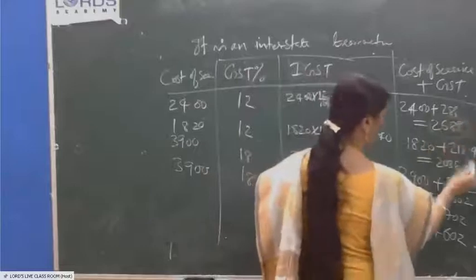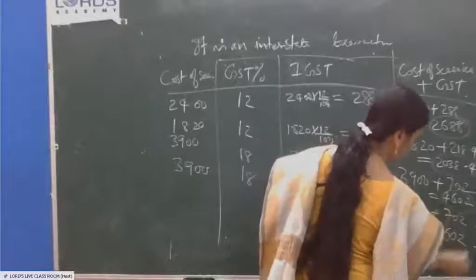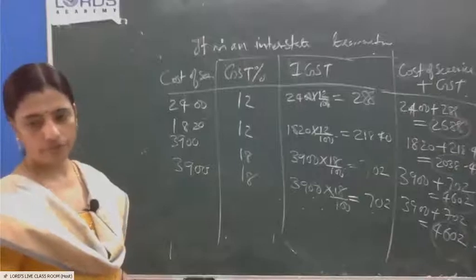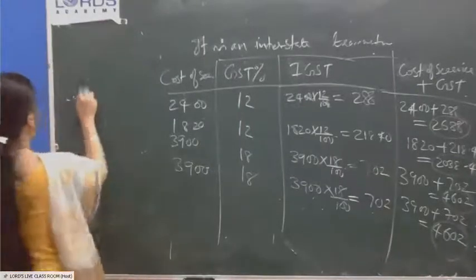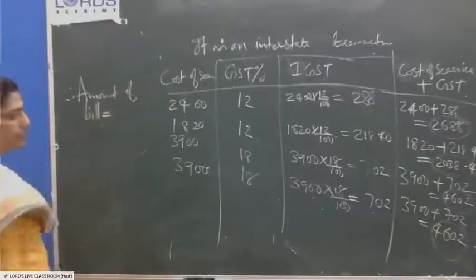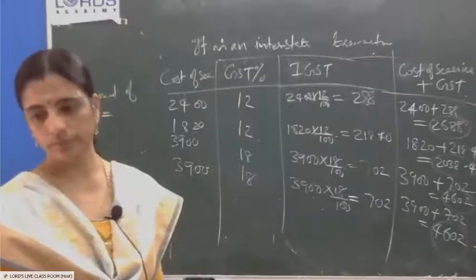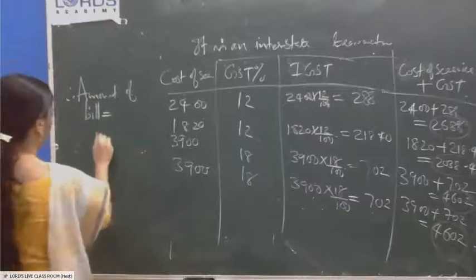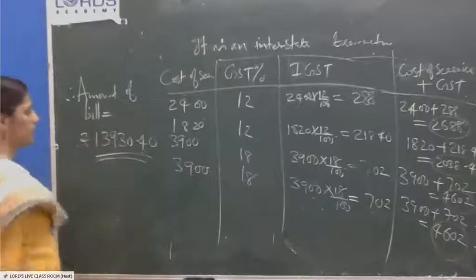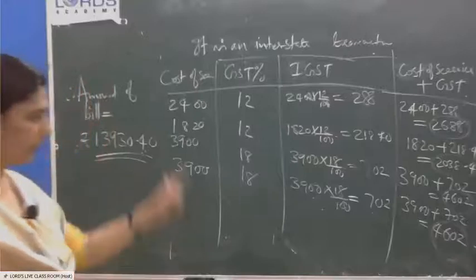See, this plus this plus this plus this, you do the total and you will get the amount of bill. Therefore, amount of bill equals 13,930.40 rupees. Clear? If you are adding, you will get that.